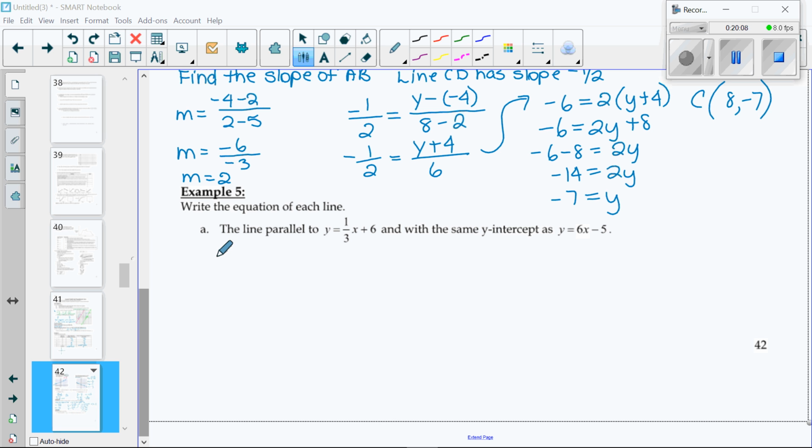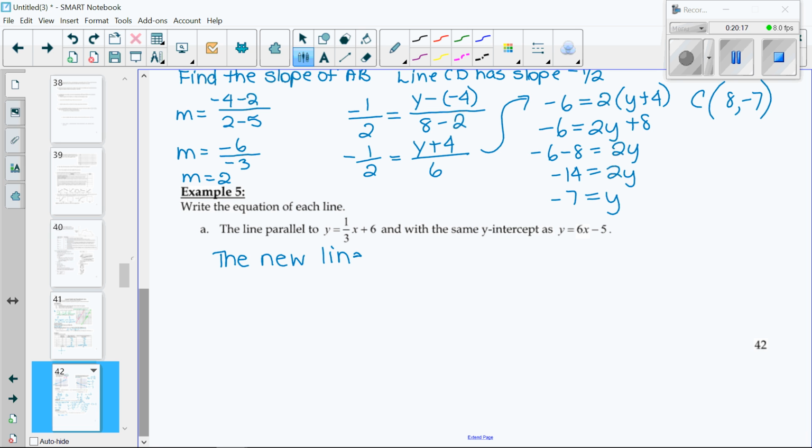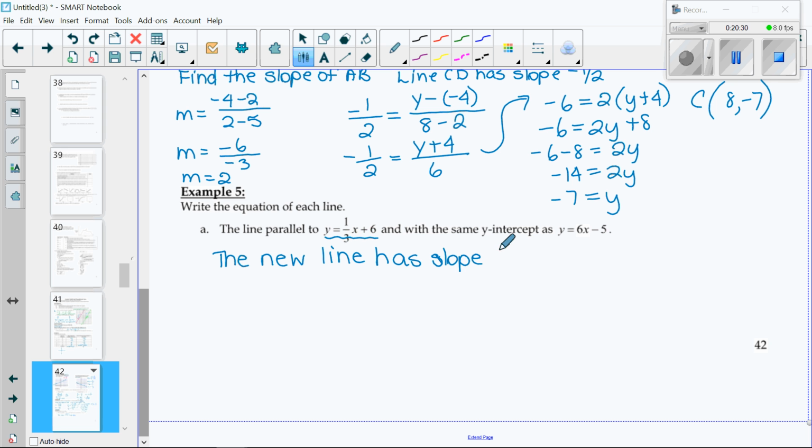My new line has the same slope as this line. So I'm going to say slope of 1 over 3. And it has the y-intercept of this line, which is negative 5. So the equation is going to be y equals 1 over 3x minus 5.